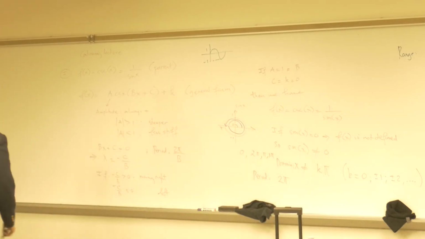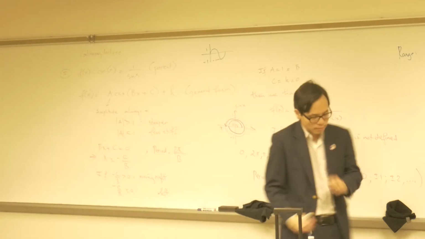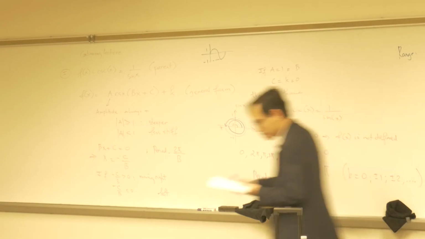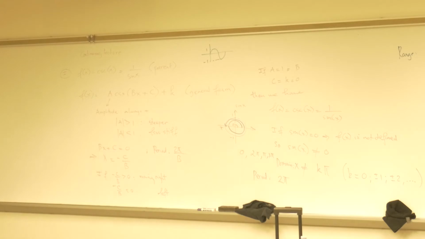Now I want you to consider one of the examples. I want to graph f of x equals 2 cosecant of pi over 2 x minus pi.